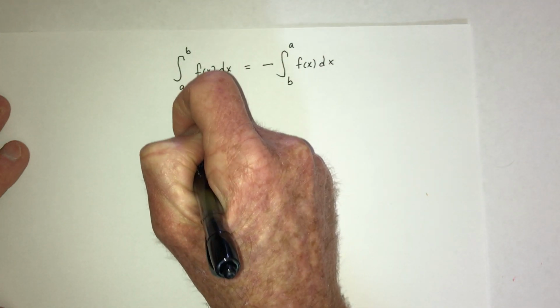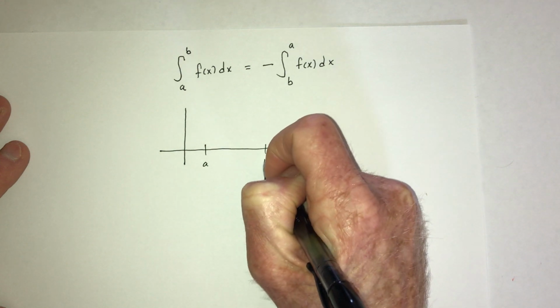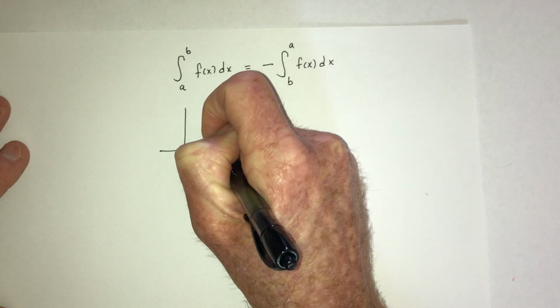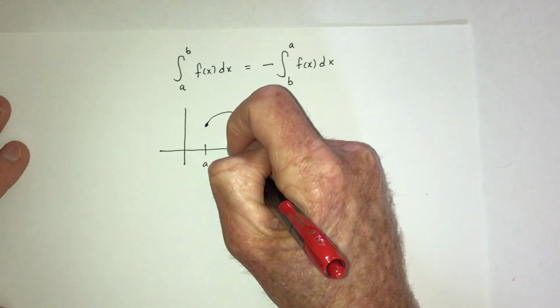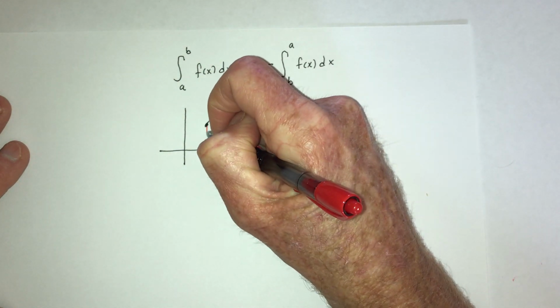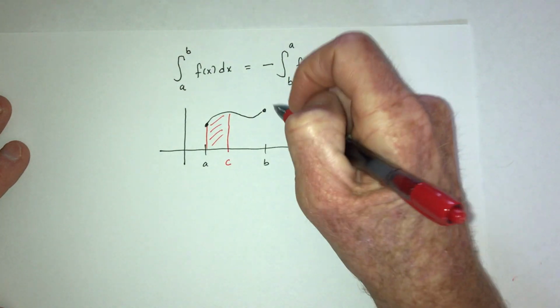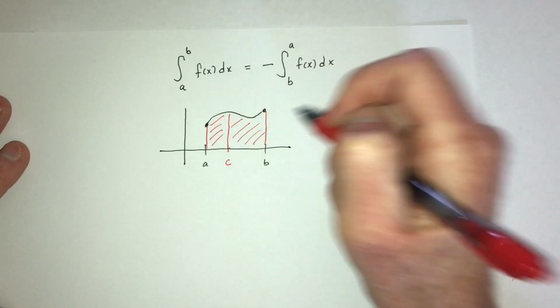And then suppose that, here's the same picture of the function. And then suppose that there's some number in the middle, c. Well, if you integrate from a to c, you find this area. And then you integrate from c to b and find this area.